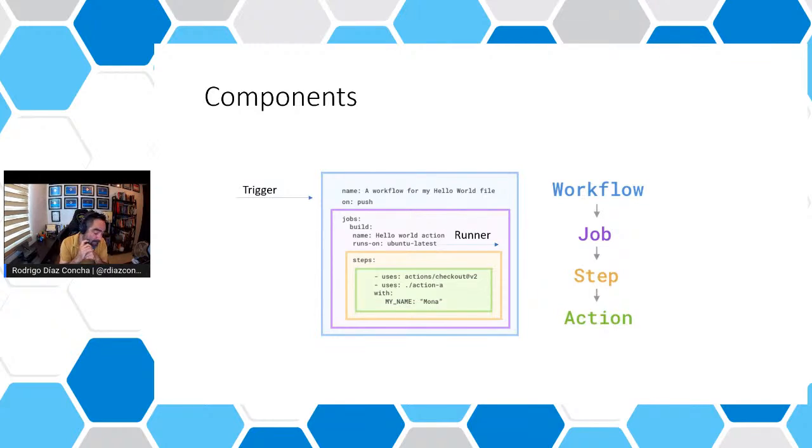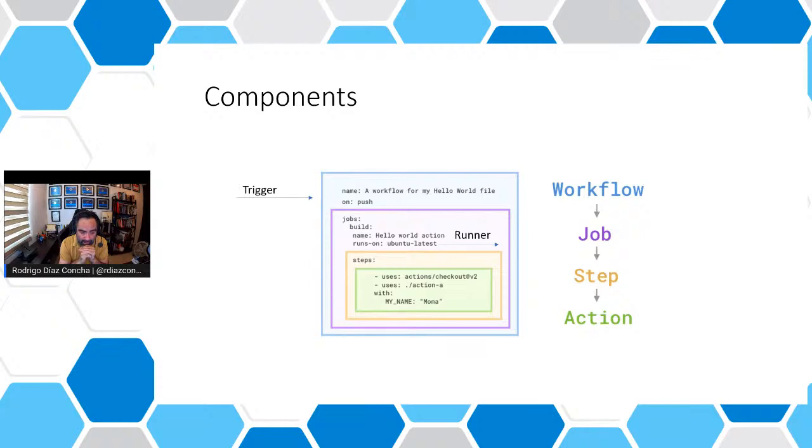And steps are a group of different actions that we want to execute. For instance, in this diagram, this step that we have on the screen, it's executing a couple of actions, okay? The first one is the checkout action, and the second one is the action A, okay? It's just one small example about this.